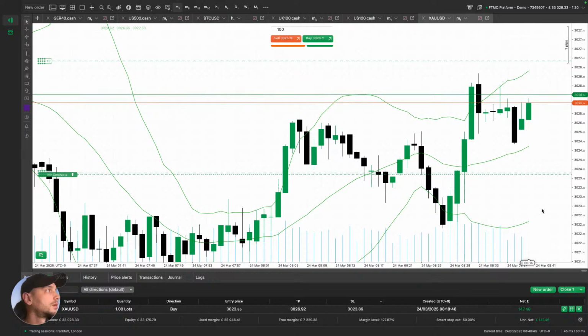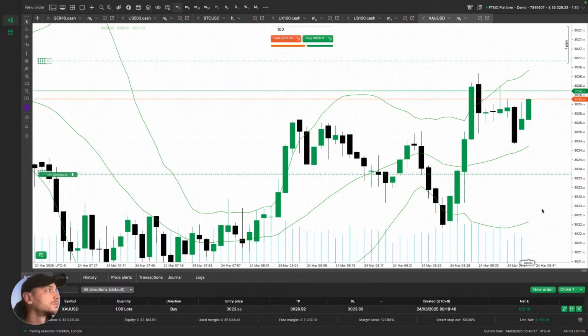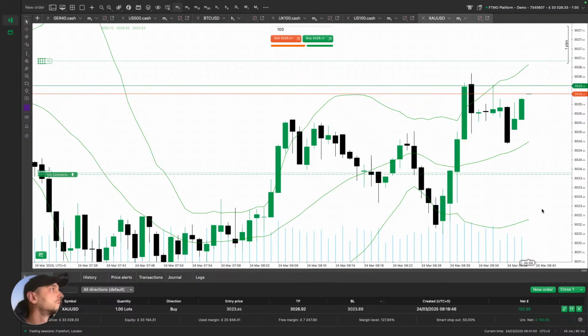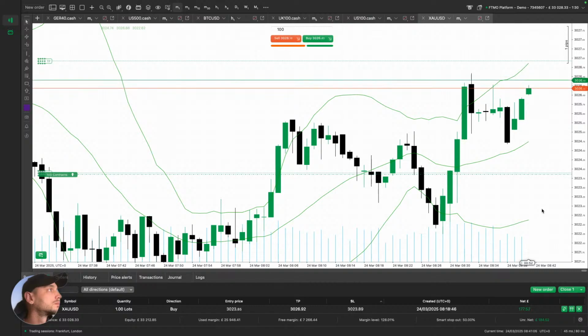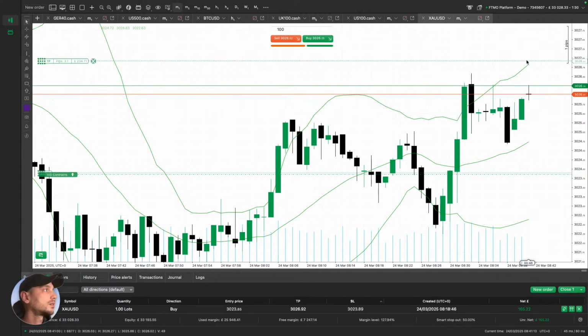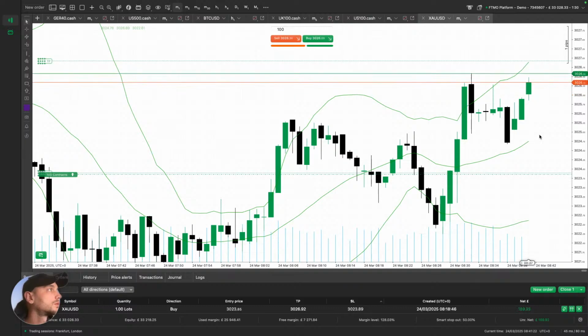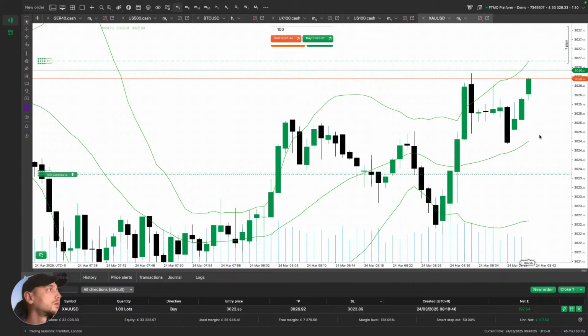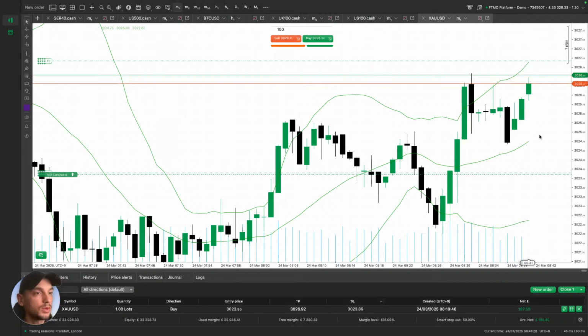Okay, keep going. Do you see how we move the bands higher and higher? Beautiful. Come on, one last push.